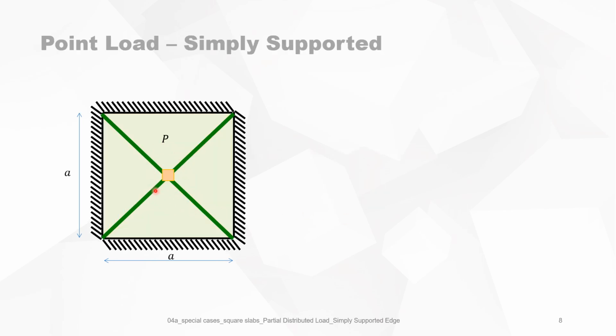Now let's consider a square slab with a point load in the center. We know from the general equation of the previous slides for the uniform distributed load, it is this expression.